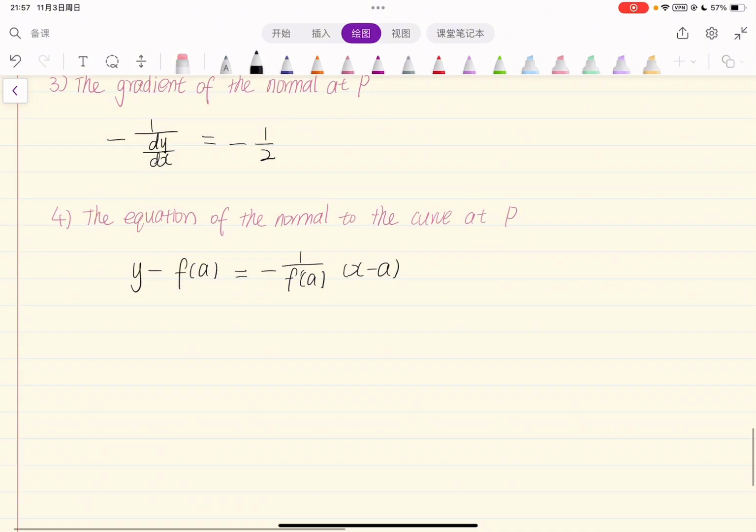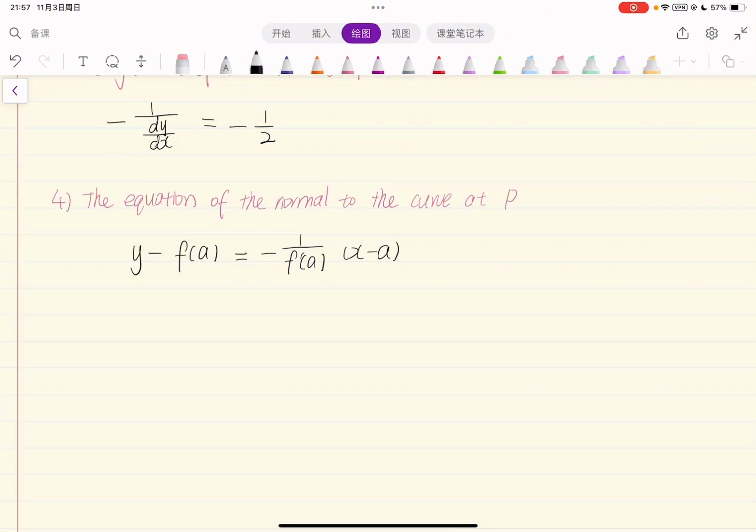In here, f(a) is when x equals 1 over 4, y equals 4 times 1 over 4 to the power of 2, which equals 1 over 4.